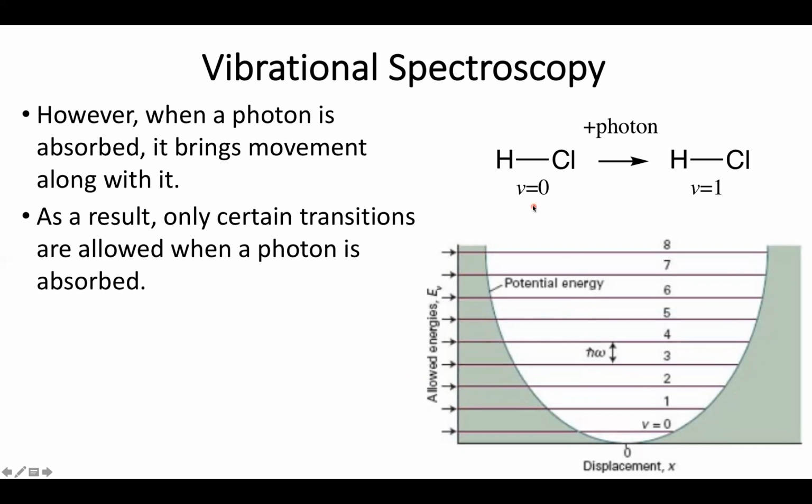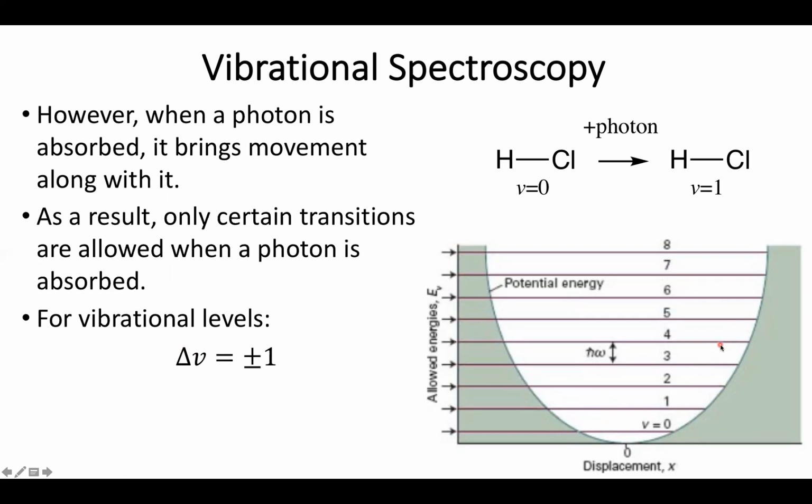And they only bring enough movement to essentially excite a single vibrational level. So they can only go from, say, the 0 state to the 1 state. So for all photon absorption and release, we can only have a change of our vibrational quantum number of plus or minus 1.